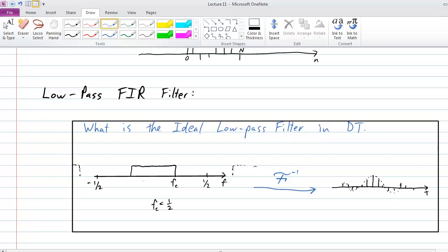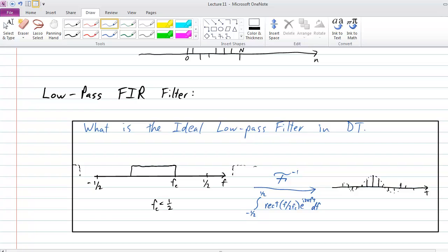at least the low-pass filter is exactly like we want it, because it's going to be the integral from negative half to half of rect of f over 2fc, e to the i 2 pi f t df.